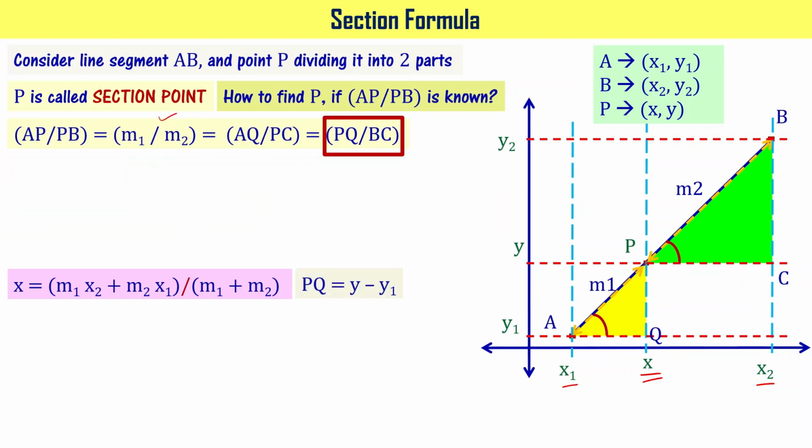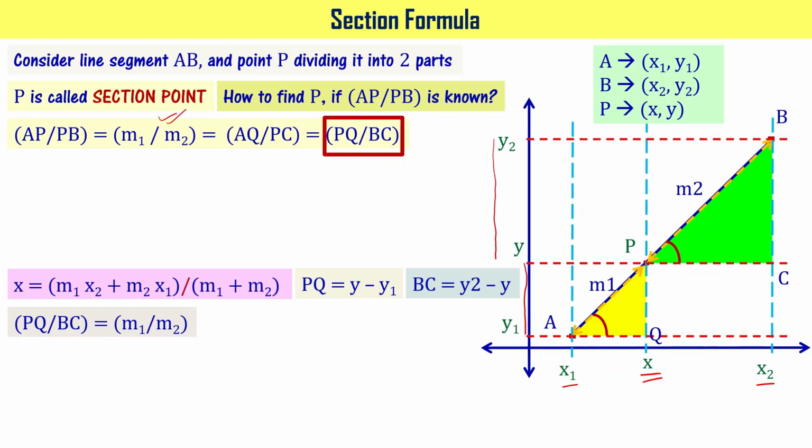And go back to PQ by BC. As you see here, PQ is this particular line segment, right? That is y minus y1, and BC is this particular line segment, y2 minus y. So PQ by BC can be written as m1 by m2 from this particular equation.